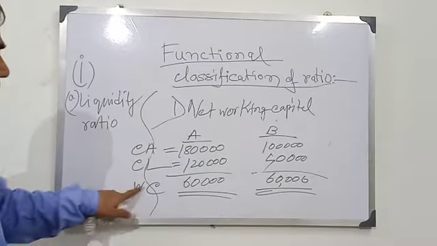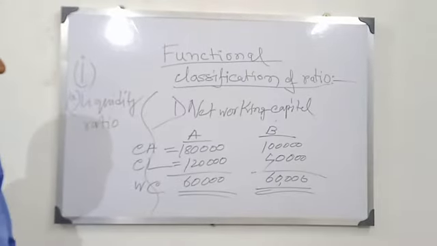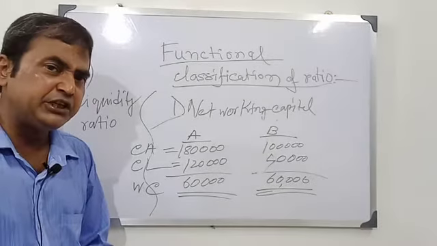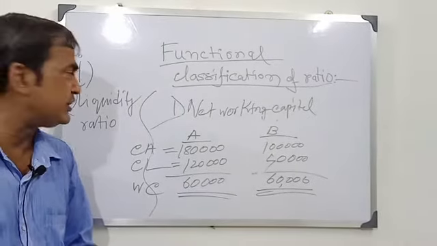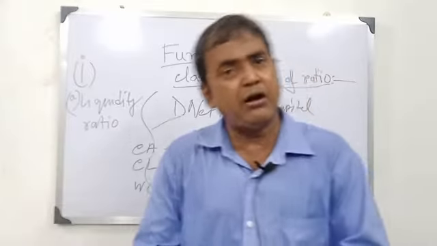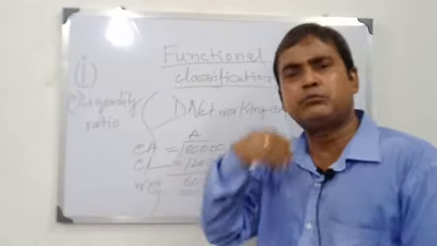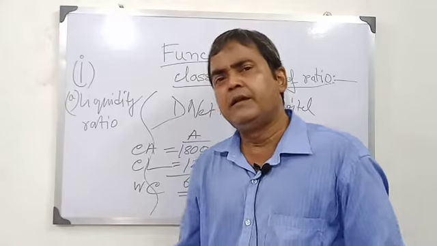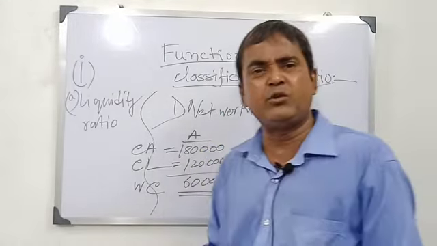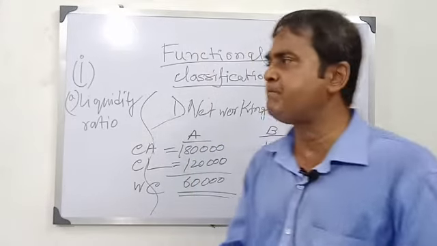So only by comparing working capital, we cannot say which company or firm is doing better or has a better ability to meet short-term obligations, that is the liquidity ratio. So the liquidity ratio of any enterprise tells us how efficient the firm is to pay off its current obligations like outstanding salary, outstanding wages, payment to creditor, bill payable, etc.